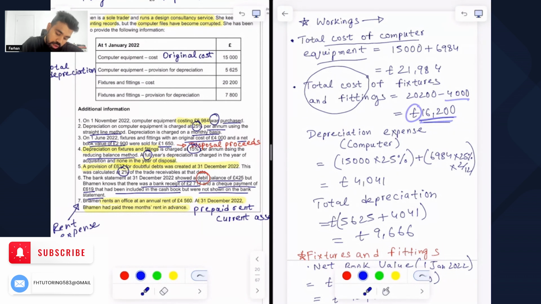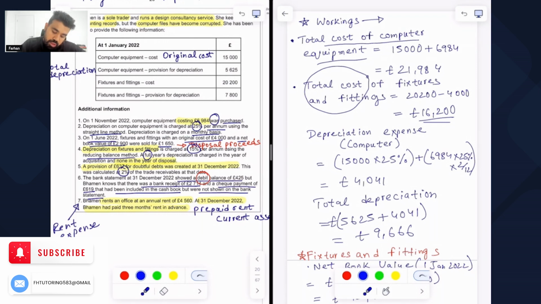Let's calculate the depreciation expense for computers. So check information number 2. It says that depreciation on computer equipment is charged at 25% per annum using the straight line method, and the depreciation is charged on a monthly basis. All right. So when it comes to the straight line method, we can simply apply the percentage that we are given on the original cost of the asset that we are calculating this for.